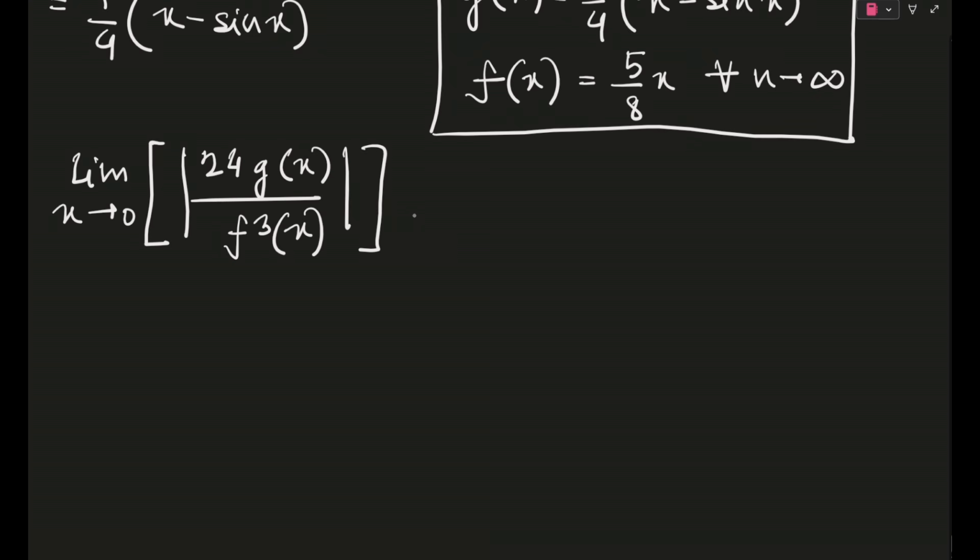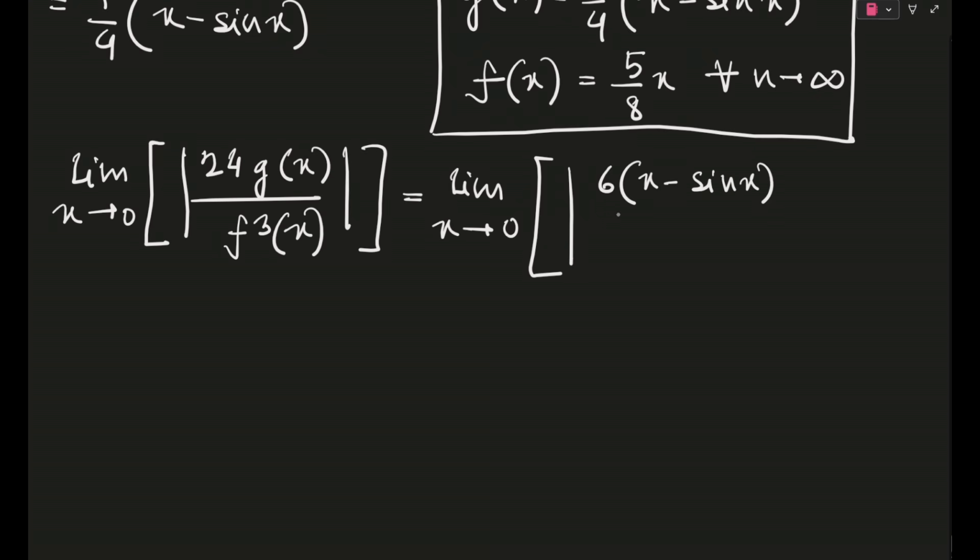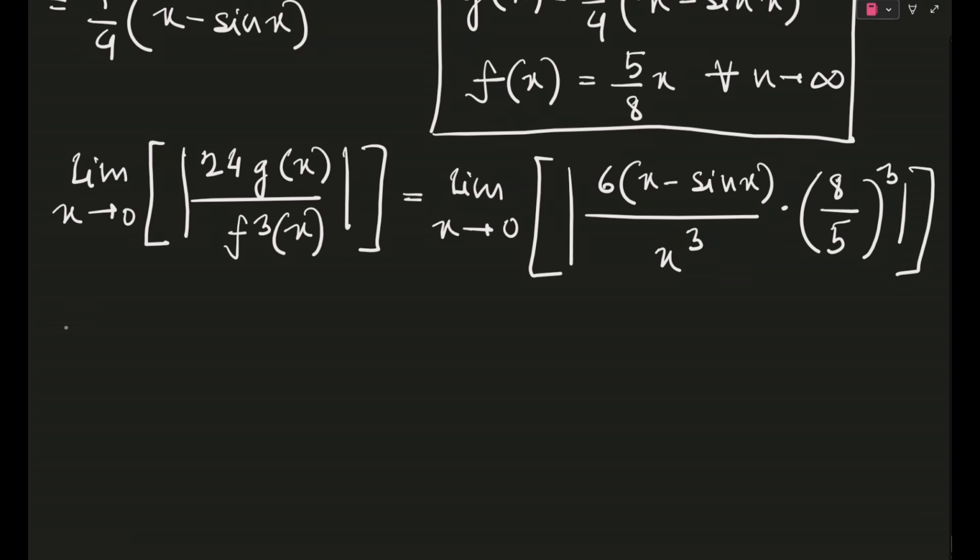So this thing becomes limit x tending to 0, and this will be within the modulus, I guess, 6 times x minus sine x, and because by f of x cubed, so x cubed, and this term would be, I guess, 8 by 5 whole cube. Okay, so not much work about the modulus.